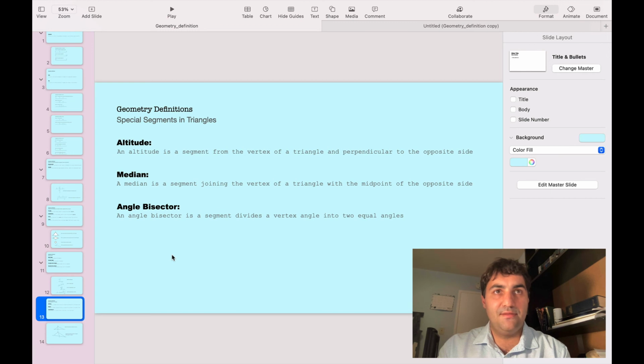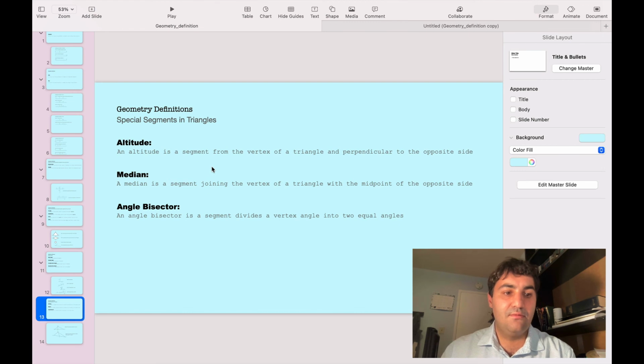An altitude is basically a segment from any vertex of a triangle, and if we extend that segment to the opposite side of the vertex, we get two perpendicular segments. I'll show you what this looks like when I do a visual on the next slide.